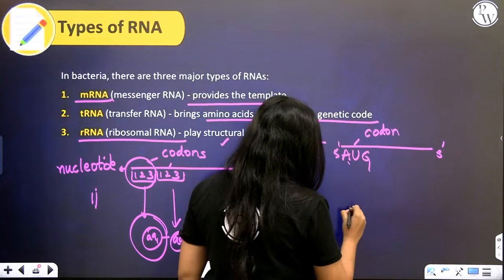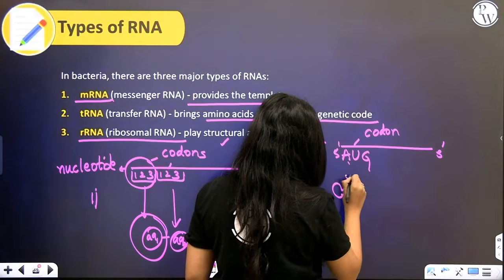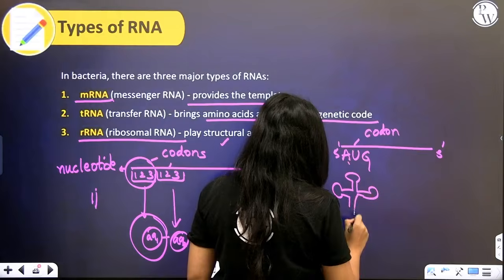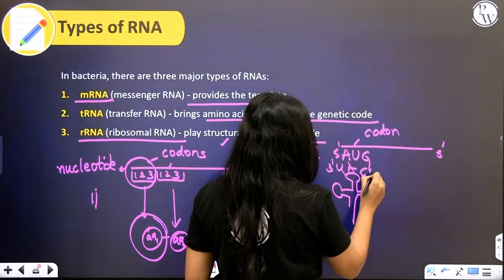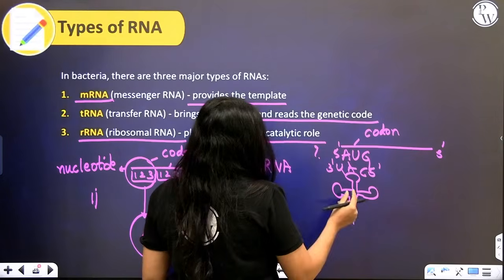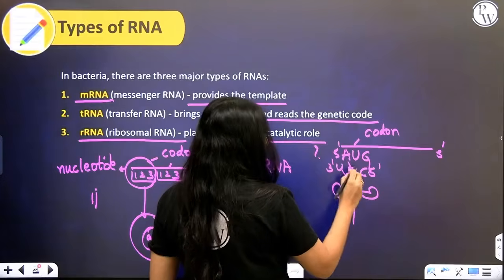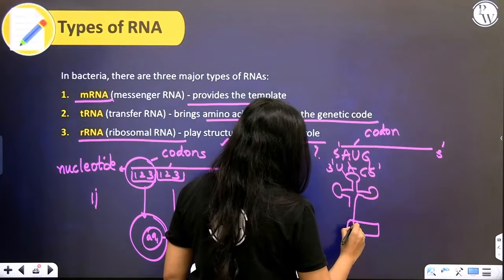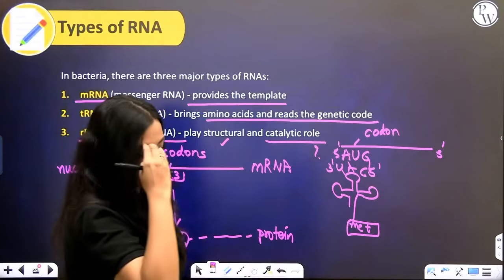Complementary to this, in tRNA, you will have UAC. This tRNA which has UAC as the anticodon, on the other end will have the amino acid methionine.